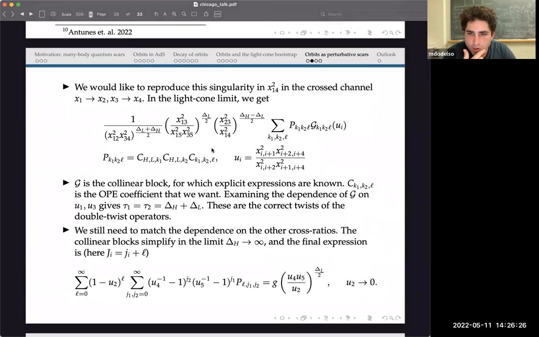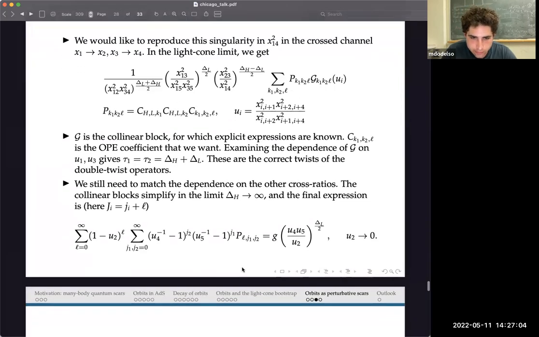Okay. Now we examine the dependence of G on 2 of the cross ratios, and what you find is that the operators that appear in the intermediate channel have the appropriate twists for double twist heavy-light operators. So that's the correct expectation. And then we just need to match the dependence on the other cross ratios. So we take the limit delta heavy goes to infinity, and here's the final expression.